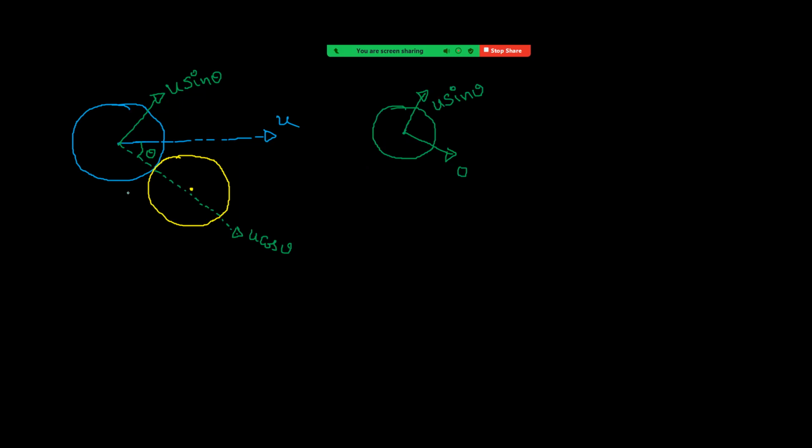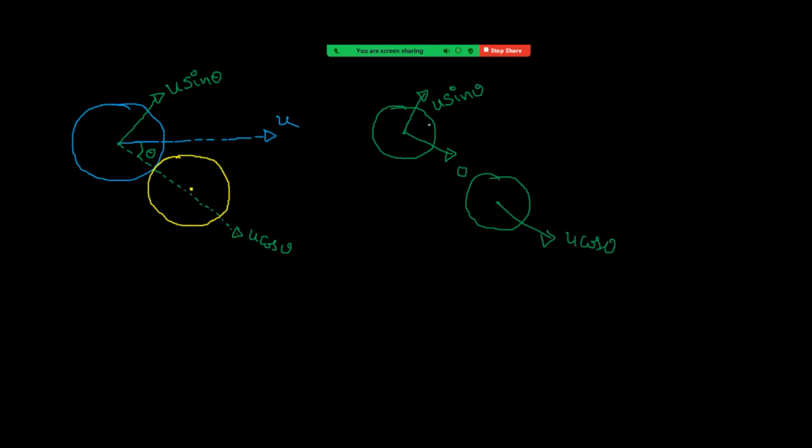The reason is that the force by the first one on the second one, or by the second one on the first one, is only along the line joining their centers. There is no net force along the common tangent. That's why this component does not change. And coming to the second one, its velocity is u cos theta.